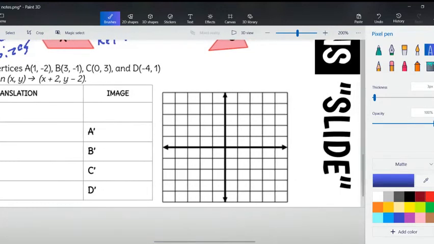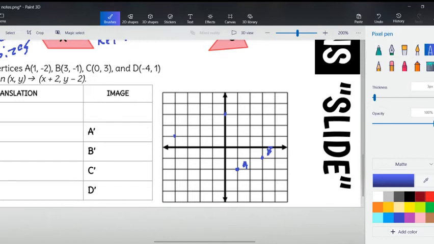A, 1, -2. And we'll label that A. Okay, B 3, 1, or sorry, 3, -1. Okay, C 0, 3, and D -4, 1.